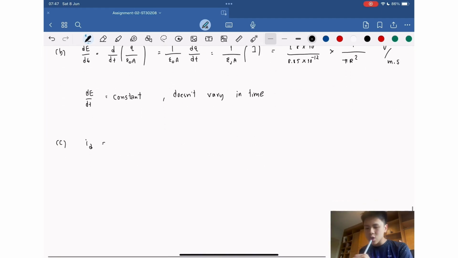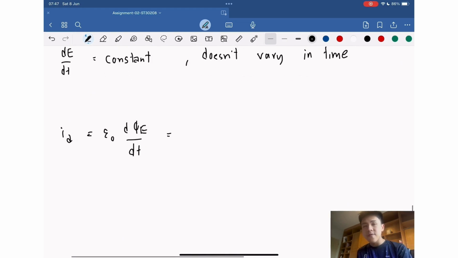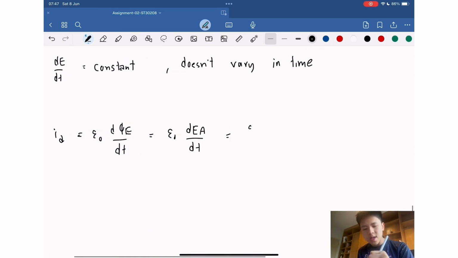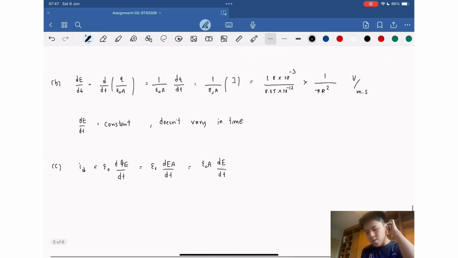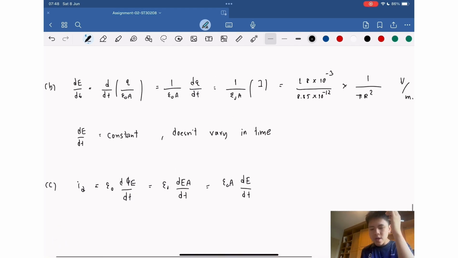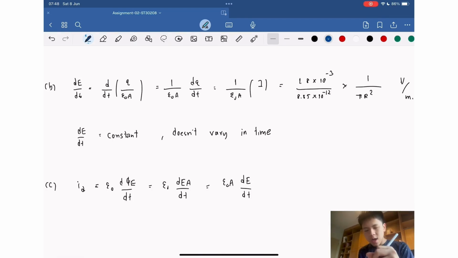ID is equal to epsilon 0 times the d flux by dt, and the d flux by dt we can change to d(EA) by dt. And we know that A is constant, and we will get this. And also we know that dE by dt is constant, but you can change the form of dE by dt.